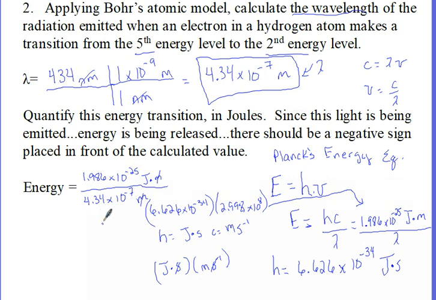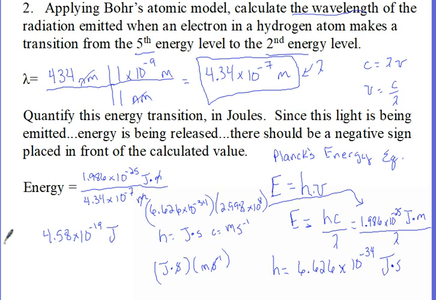Then you have to round that to 3 significant digits because of your 4.34, and you would get 4.58 times 10 to the minus 19. Your unit is joules.